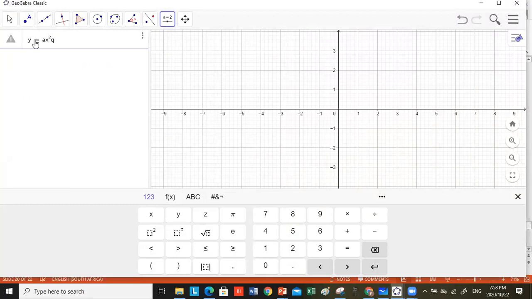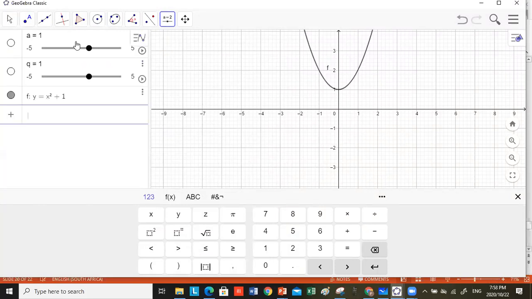Oh, sorry, I'm missing a plus here. Plus q, and enter. Right, so this is the function that I have already. It is giving me the sliders. I was going to put them, maybe because I've been using this today.